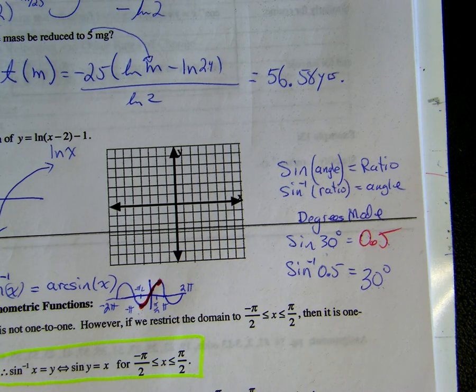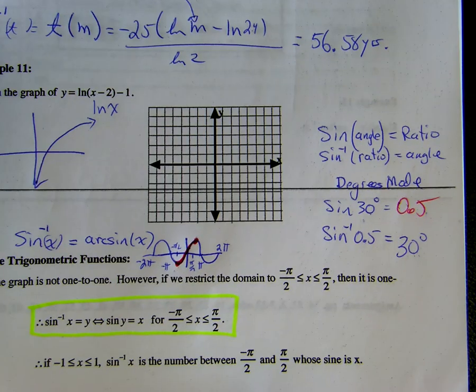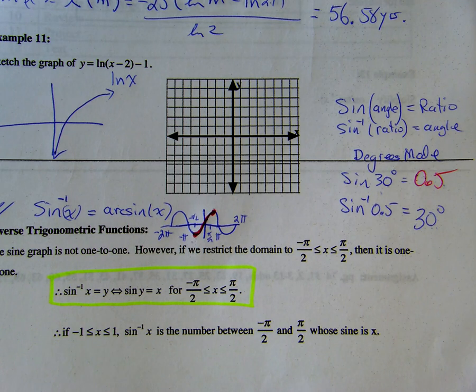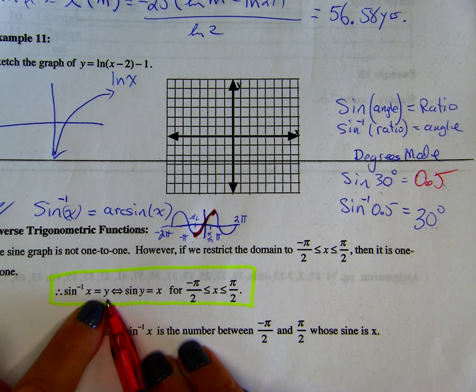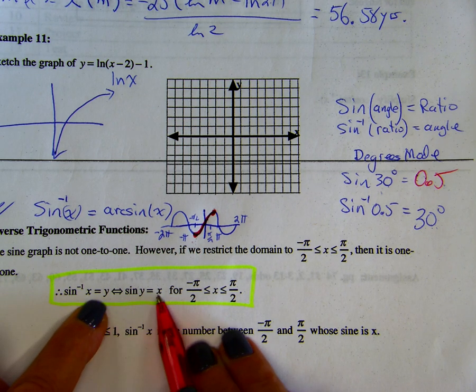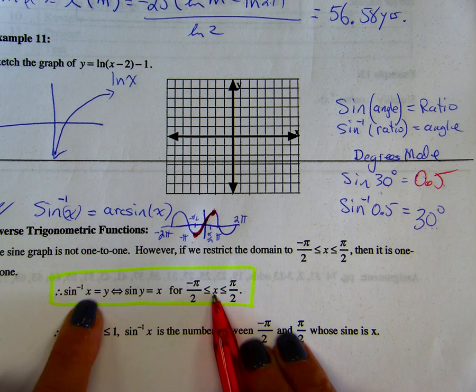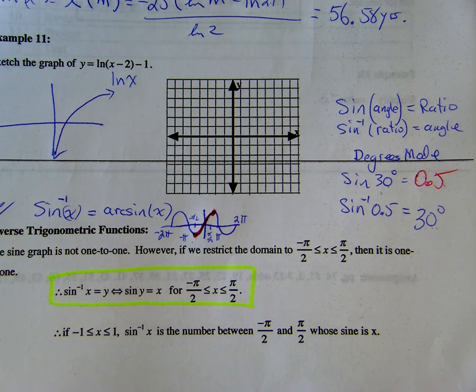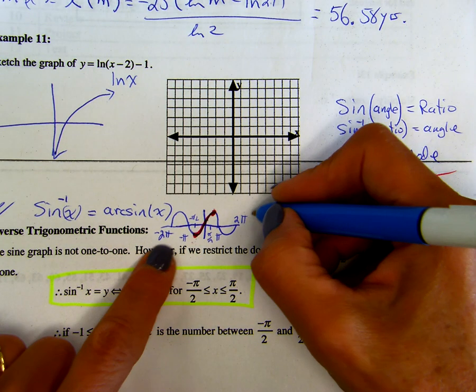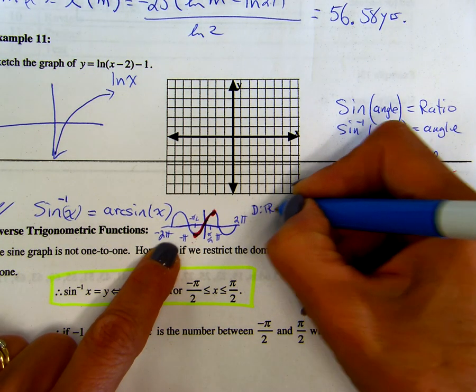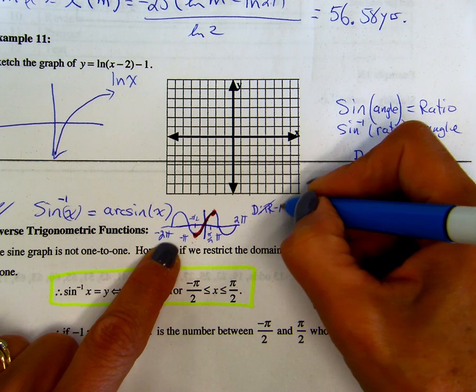And of course, the range, so in order for us to say sine inverse x equals y, it means the sine of y is equal to x, and we restricted the y between negative pi by 2 and positive pi by 2. So our domain for sine is all reals, which we just restricted.